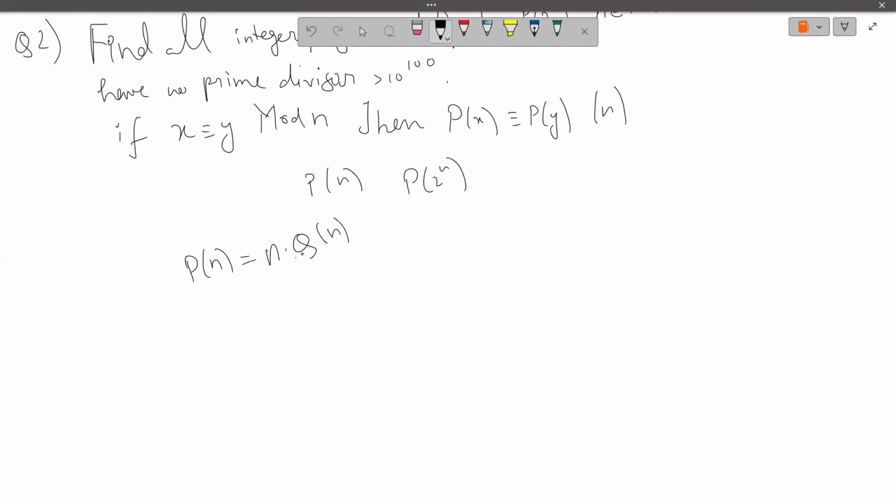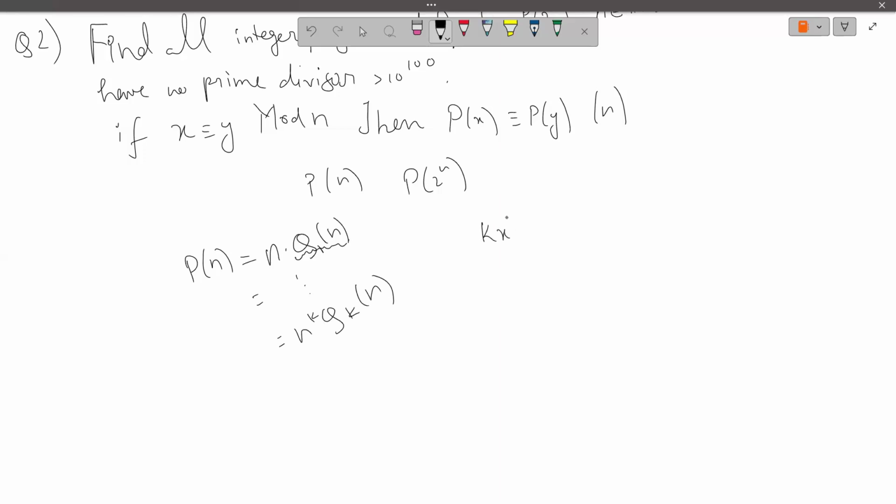Now you can divide this: if this Q(n) is divisible by n, again you could take the factor of n out and do this k times, till you reach a polynomial which is no further divisible by n. So essentially it has some constant term.